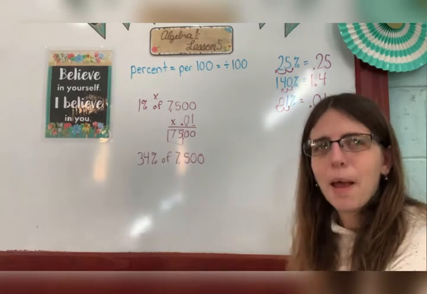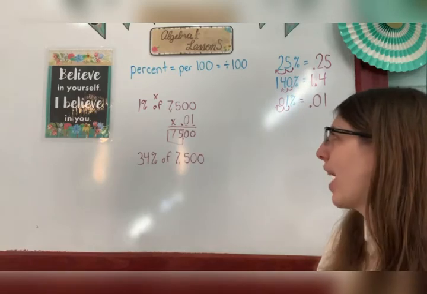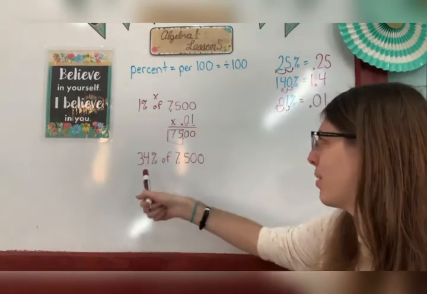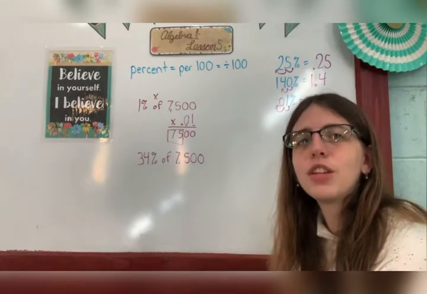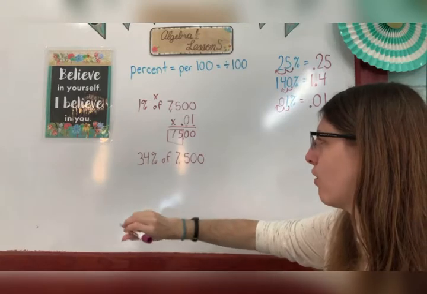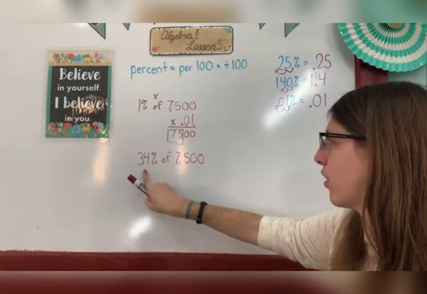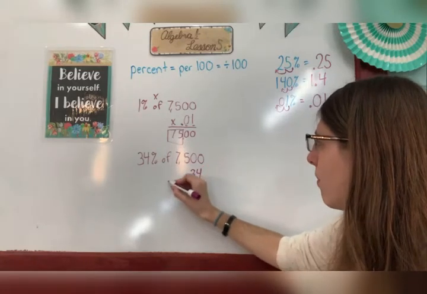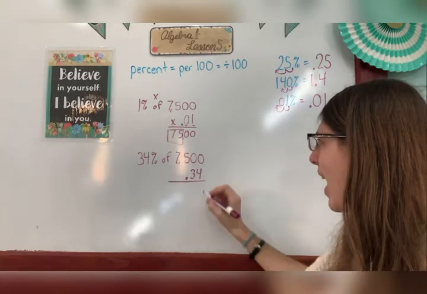And you can, but you're not going to do that. You're not going to find 1% of a number every time you're looking for the percentage of a number. So you can just change your percent to a decimal. So you move your decimal point over. As a decimal, 34% is 0.34 and multiply like that.